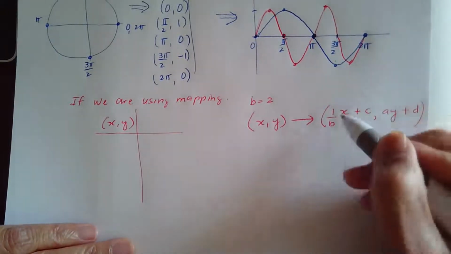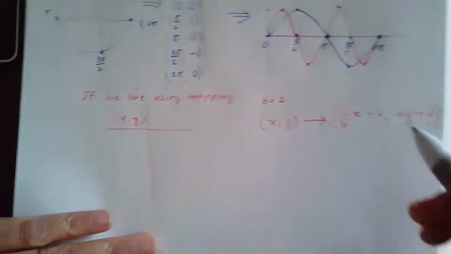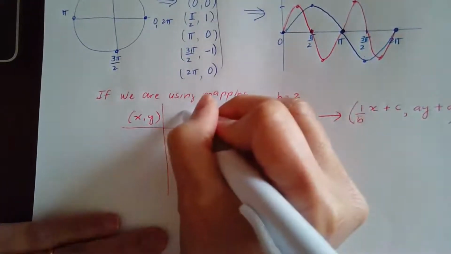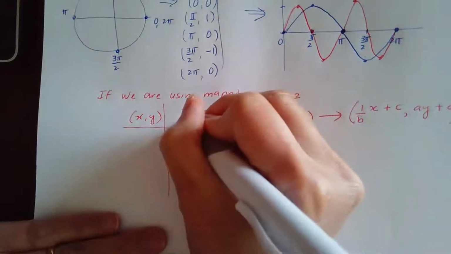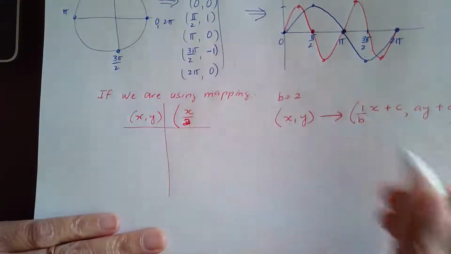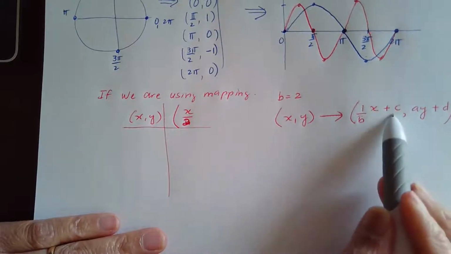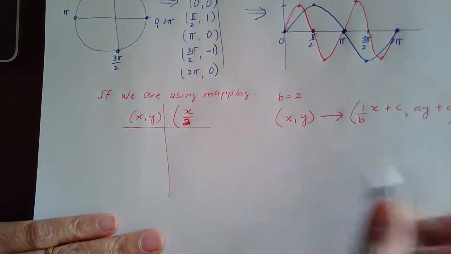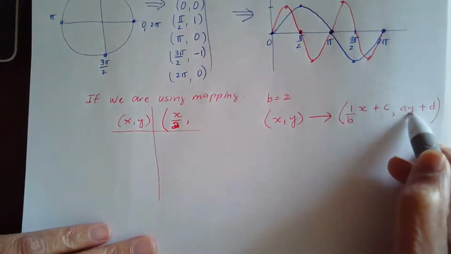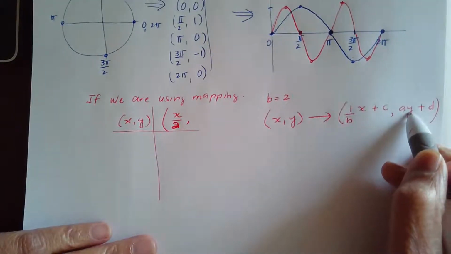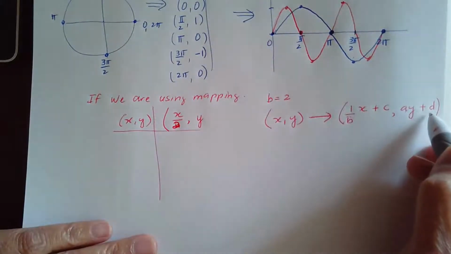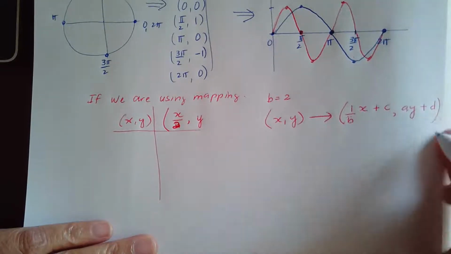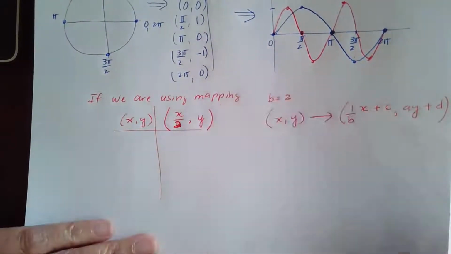The only thing that's changed here is the b value, so it's x over 2. There's no horizontal shifting, no phase shift, so 0. The a value is 1, so it's just 1y plus d. There's no vertical translation, so that's 0.